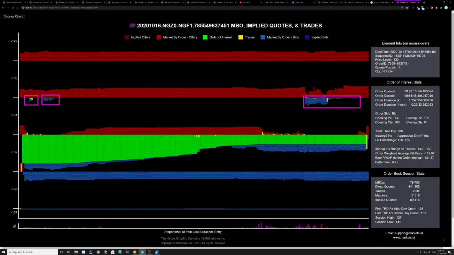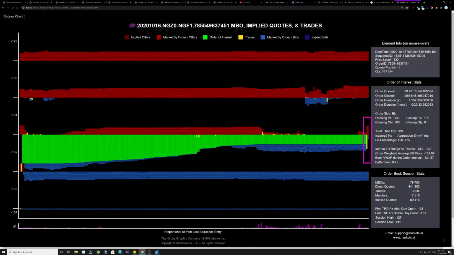The book has moved away from it. The best bid offer has moved away from it. But good that they continued to rest and were not so urgent that they decided to jump price. And eventually, somebody comes in and whacks the 132s and takes them out.